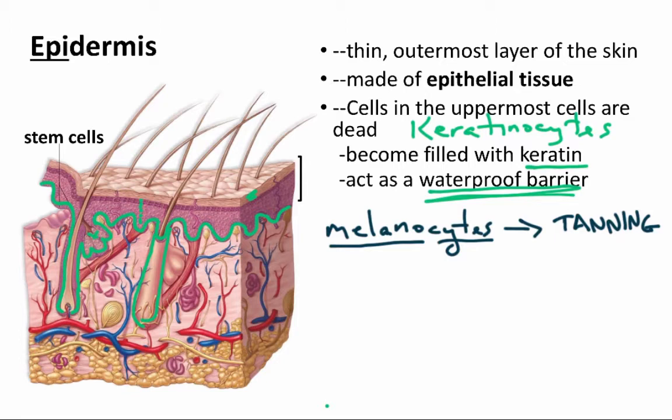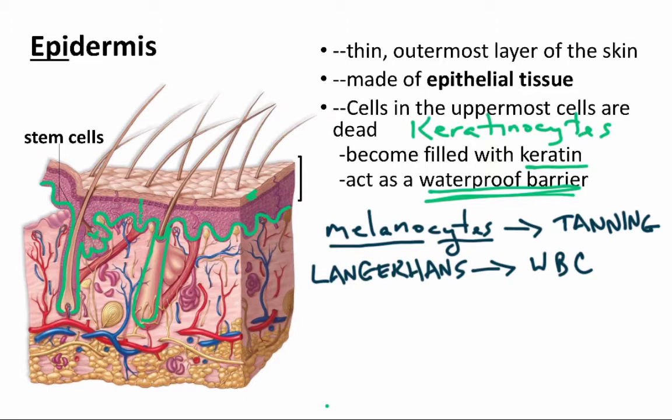There are also cells called Langerhans cells. What I want you to remember more than Langerhans cells is that these are resident white blood cells. So they live in the epidermis, and that's part of skin's function of protecting us from pathogens.